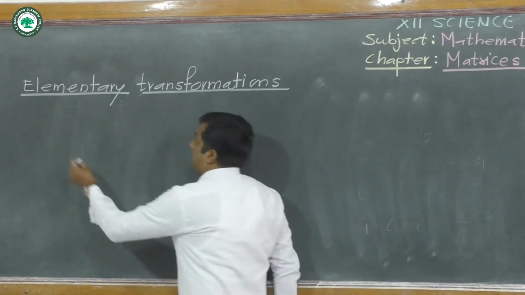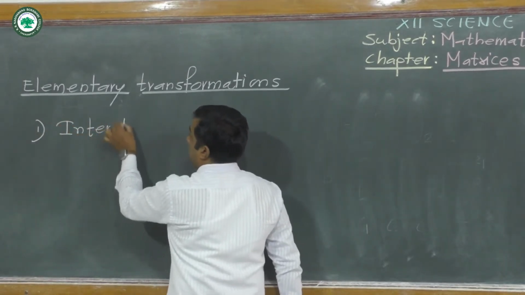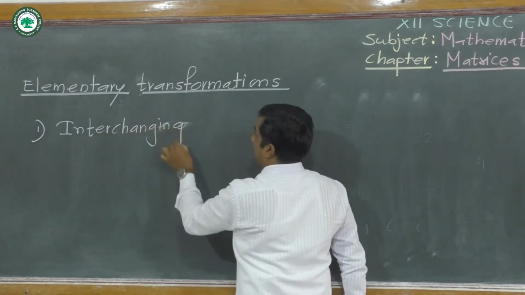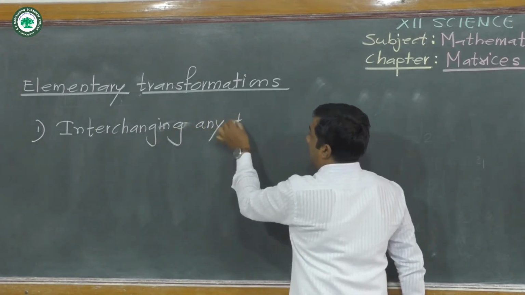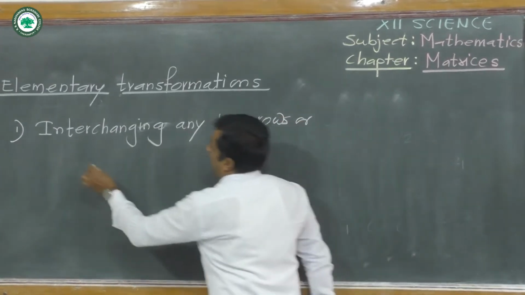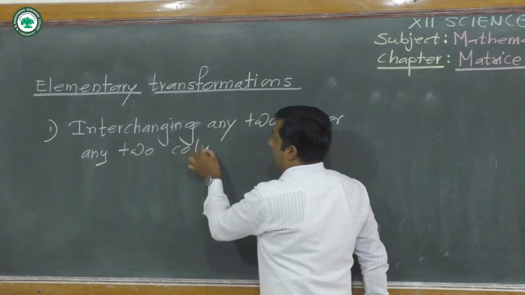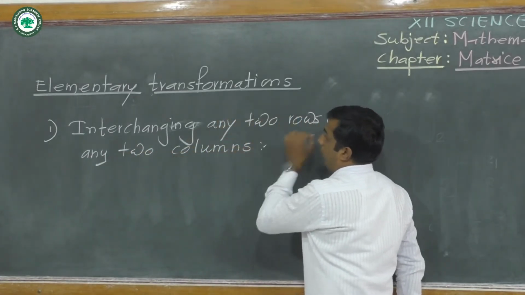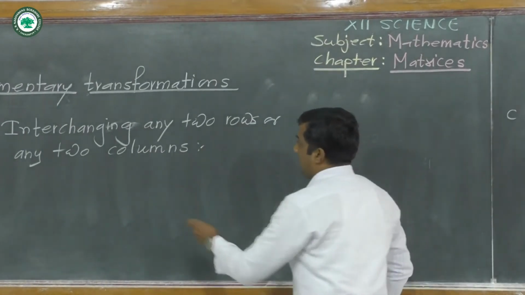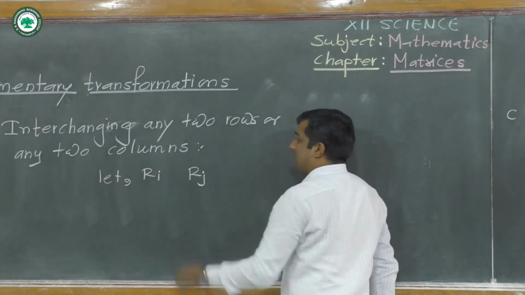Let's go with our first one. Here in first we consider interchanging any two rows or any two columns. To define this concept, we consider two rows. Let here Ri be the first one, then Rj the second one.